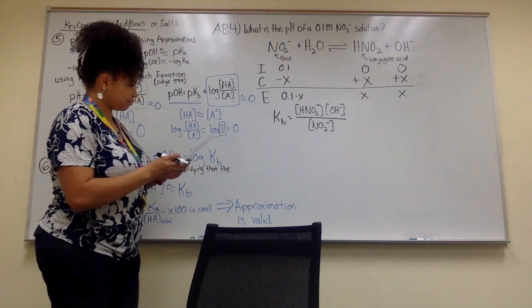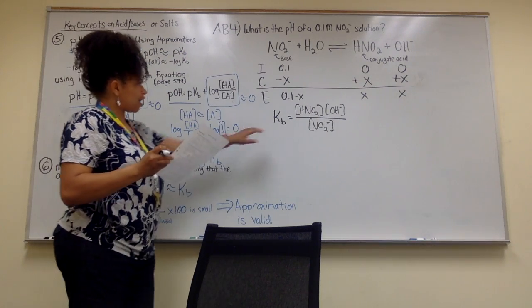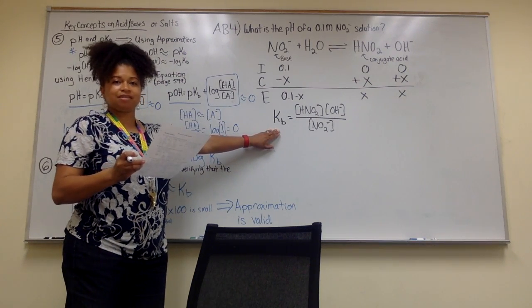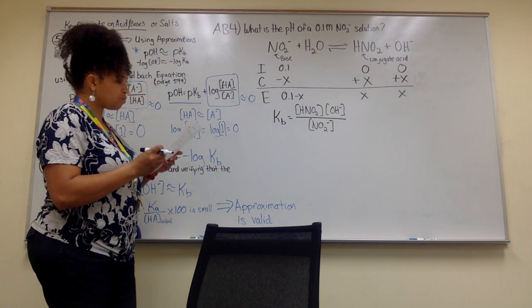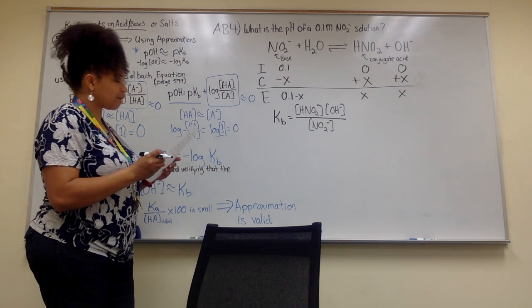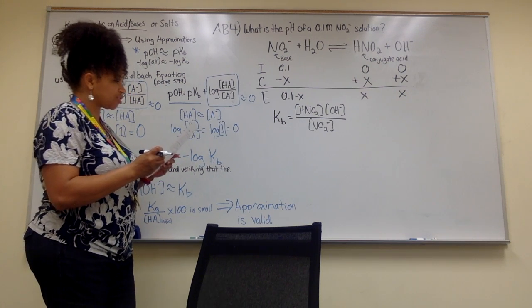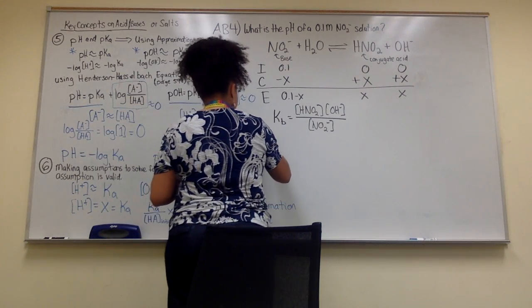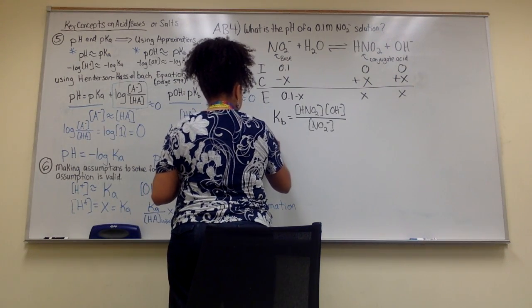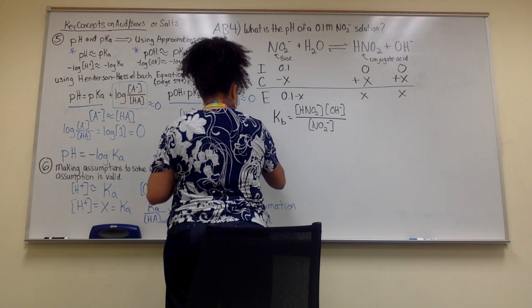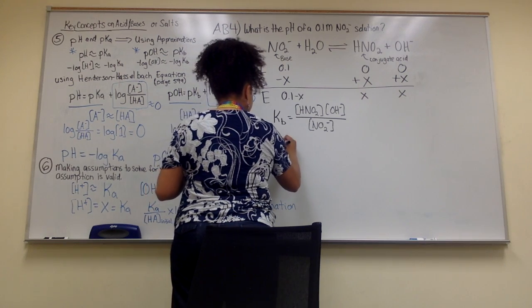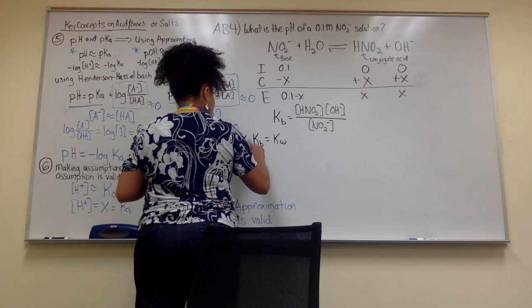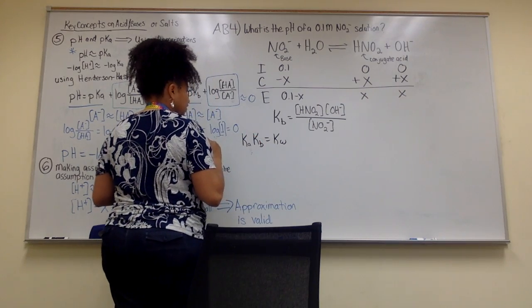Okay, good. Now, how do we figure out what Kb is? Well, we know what Ka is from the previous question. So we have a relationship. Kb times Ka is equal to Kw, right? We recall that from a few videos ago.